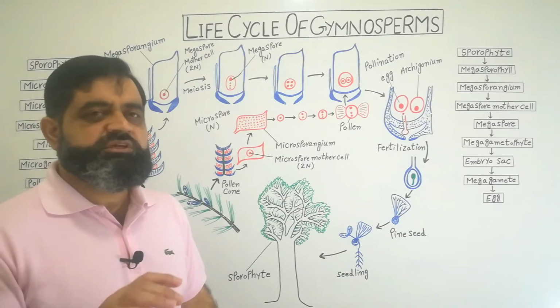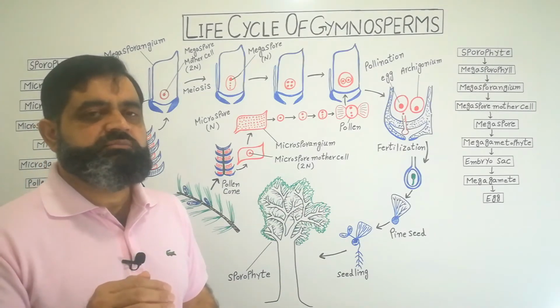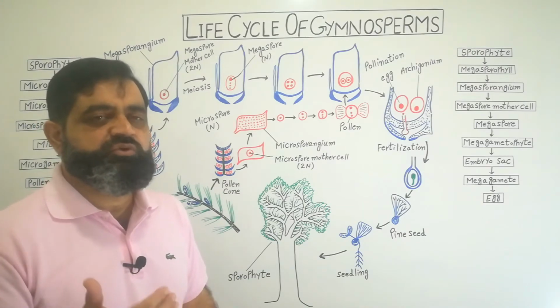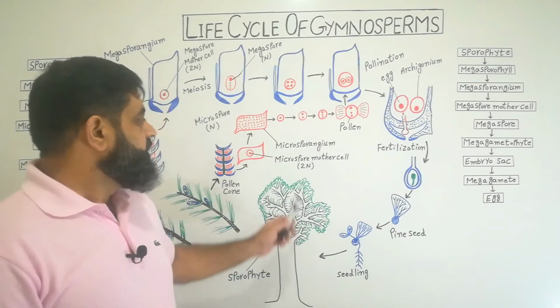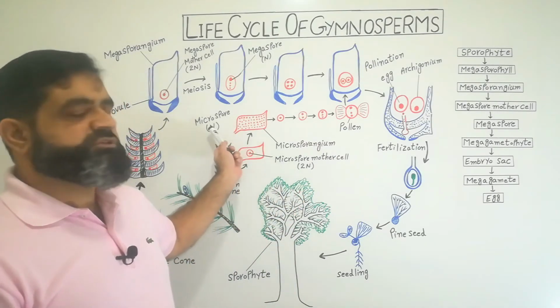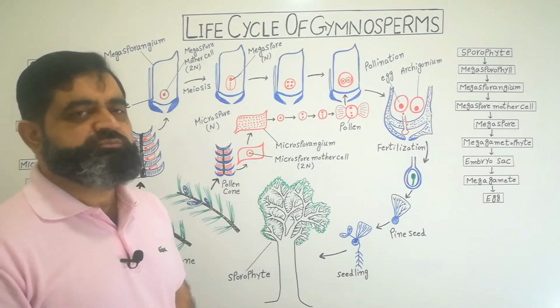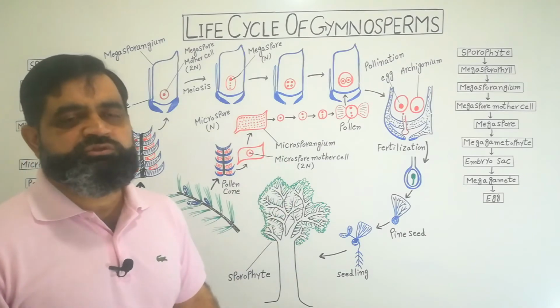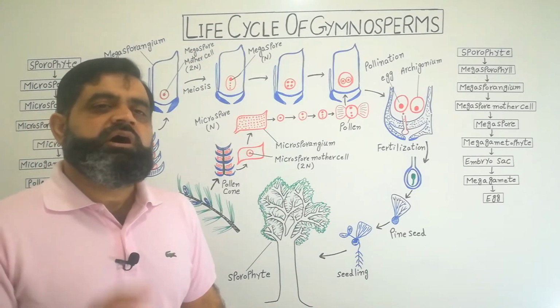This microspore mother cell undergoes meiosis. As you know, meiosis is a reduction division which divides the chromosome number into half. The microspore mother cell undergoes meiosis and produces microspores which have the haploid number of chromosomes depending upon the species, and millions of new microspores are produced with half the number of chromosomes.